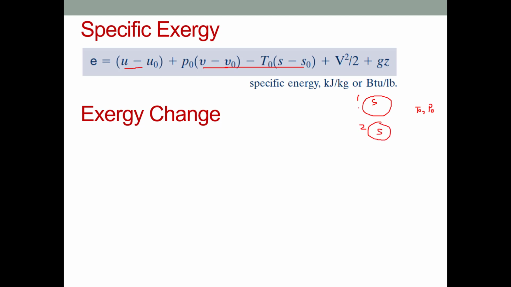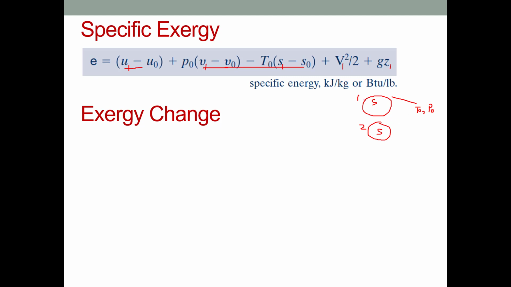Now what is the change in exergy? When the system was at state 1, with reference to the environment, its exergy was U1 minus U naught, V1 minus V naught, S1 minus S naught, similarly V1 square, g Z1. So this was the exergy at state 1 with reference to the environment, right?